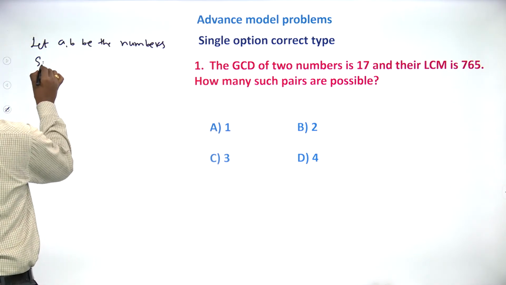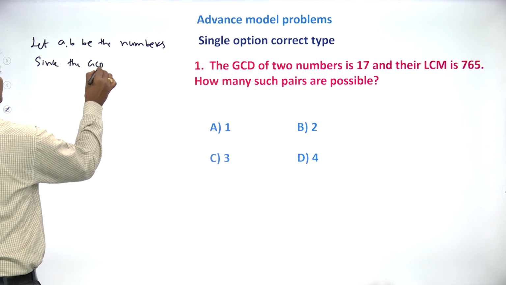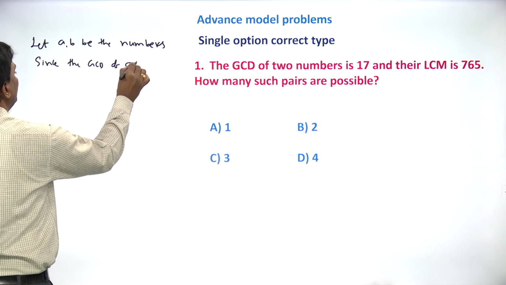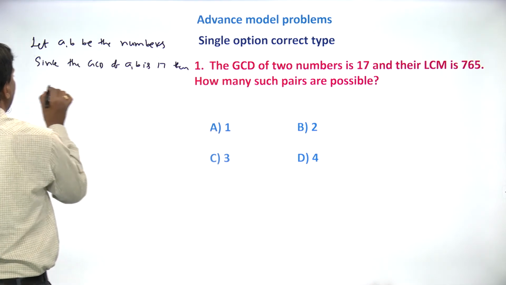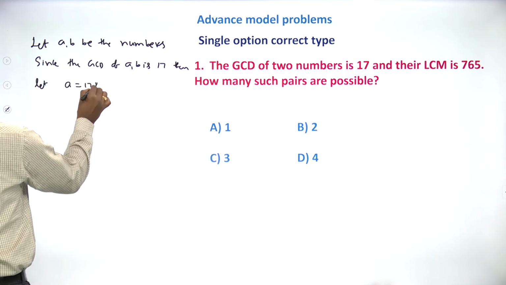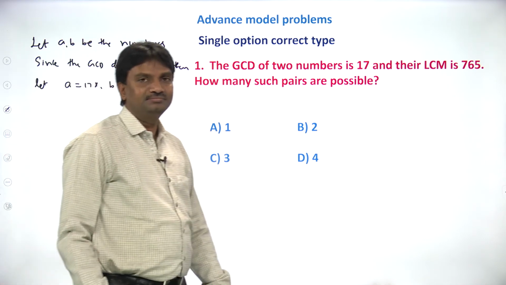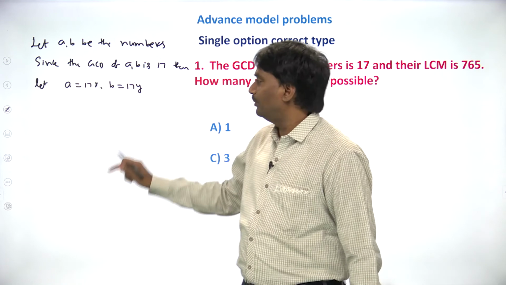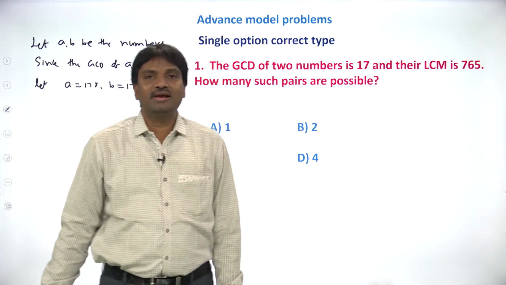So since the GCD of A, B is 17, let us suppose that A equals 17x, B equals 17y, because here the HCF is given as 17.